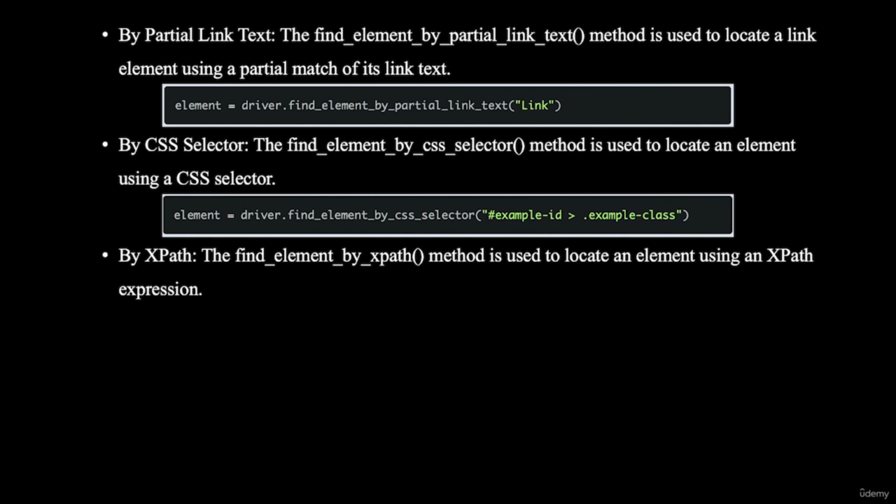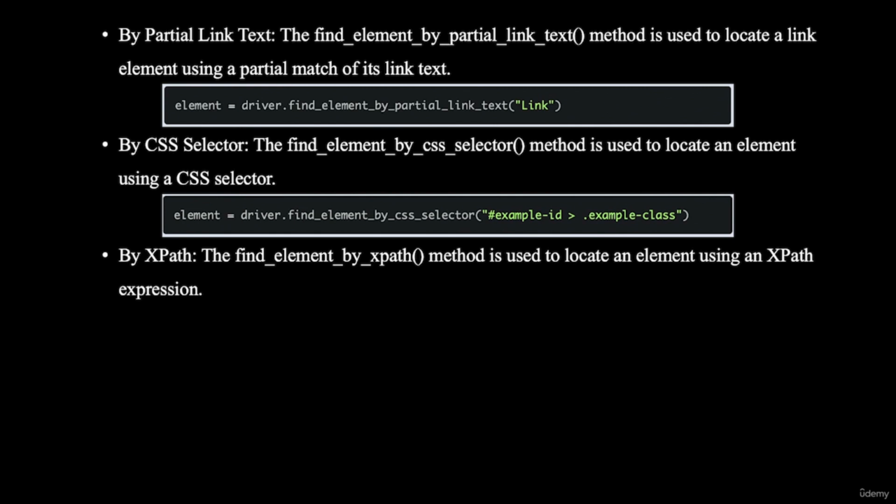Now this is also case sensitive, but it doesn't have to be the full link text. By CSS selector, as you can see here in the example, we are using the pound sign to look for the ID with a value of example ID, and the dot to show we're looking for a class attribute with a value of example class.